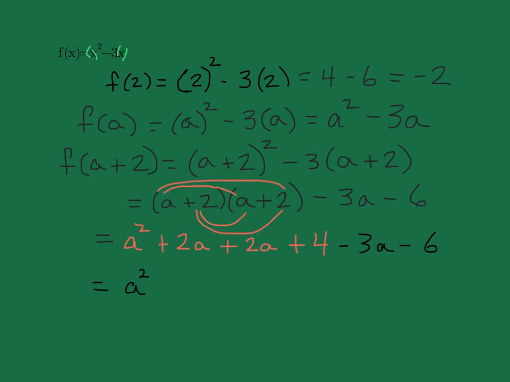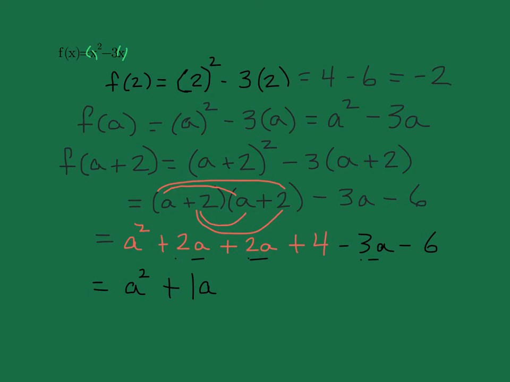So now we have three terms which contain an a to a first power. So if we add those terms together, we just add the coefficients. So 2 plus 2 makes 4, minus 3 makes 1. So plus 1a, which we would normally just write an a there, but you can write the 1 if it's helpful to you.